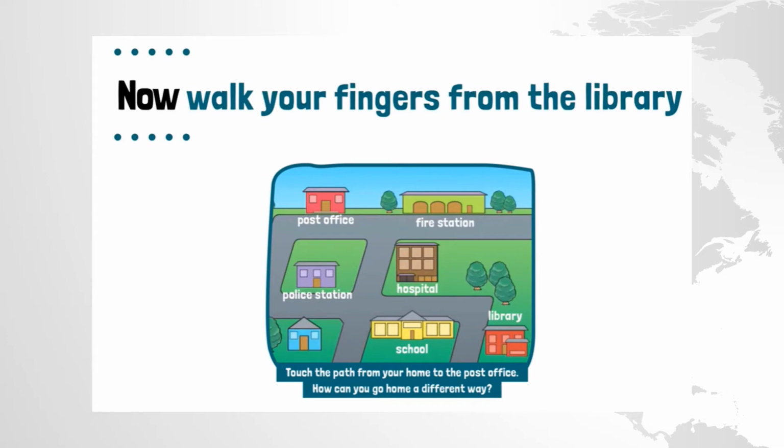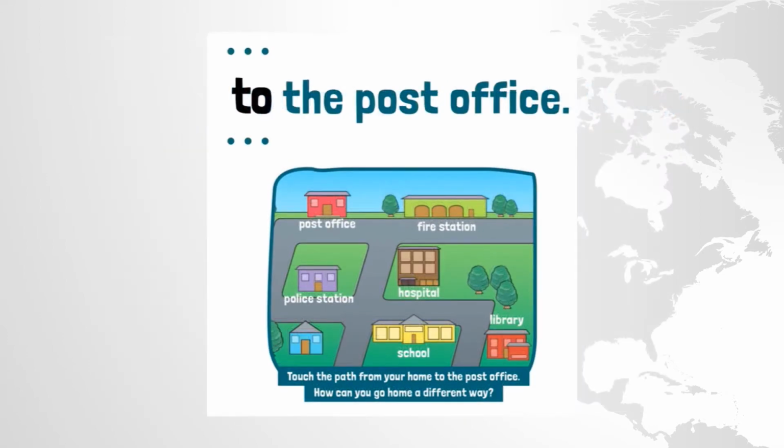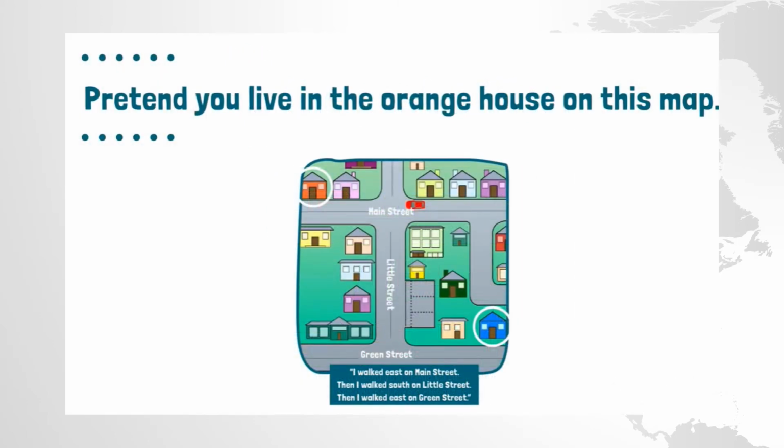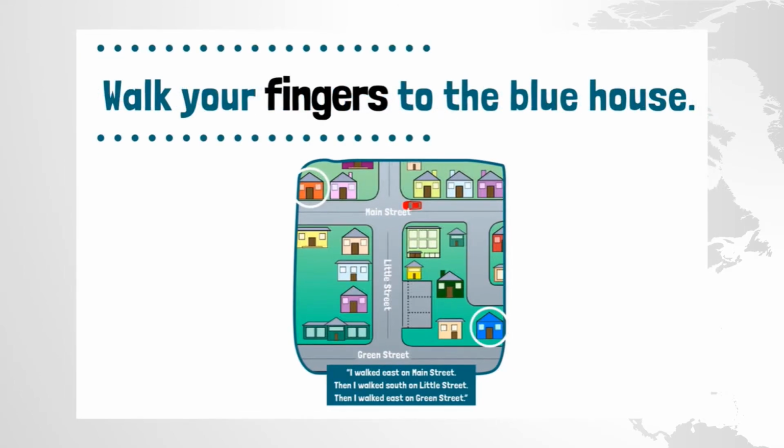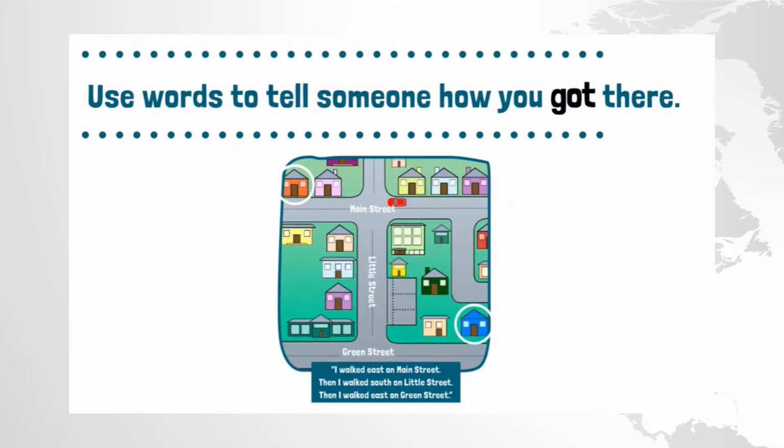Now walk your fingers from the library to the post office. Pretend you live in the orange house on this map. Walk your fingers to the blue house. Use words to tell someone how you got there.